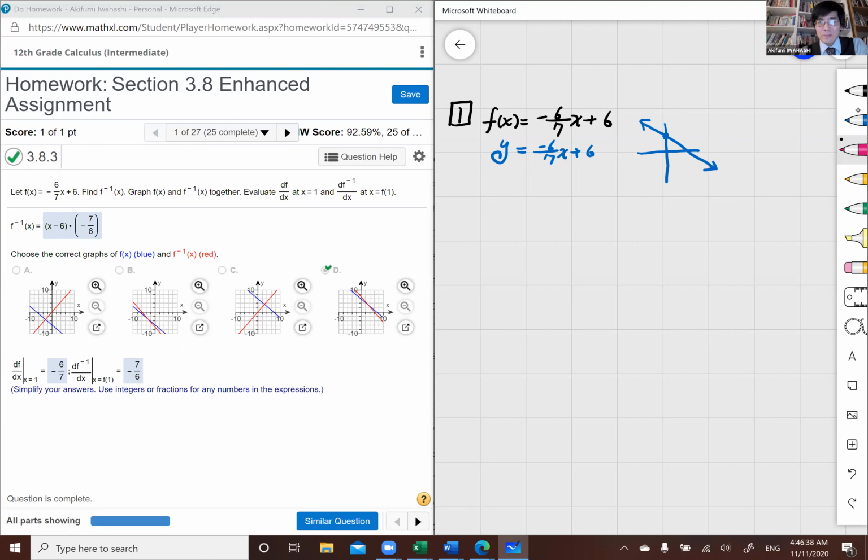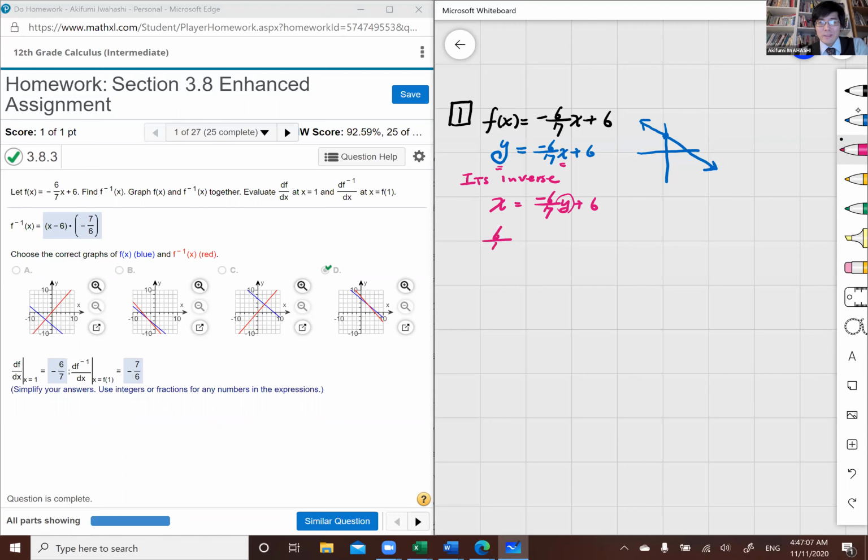To find the inverse function, you switch x and y. You replace input and output. So it's going to be x is equal to negative 6 over 7 y plus 6, and you are going to solve for y. Let's move 6 to the other side.